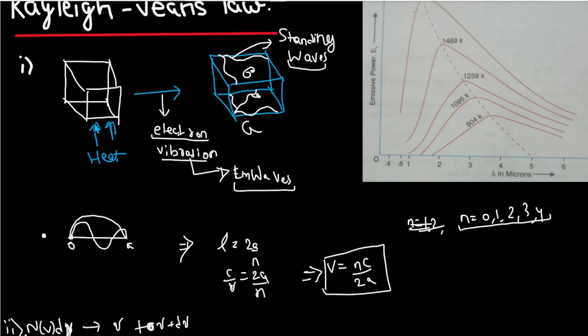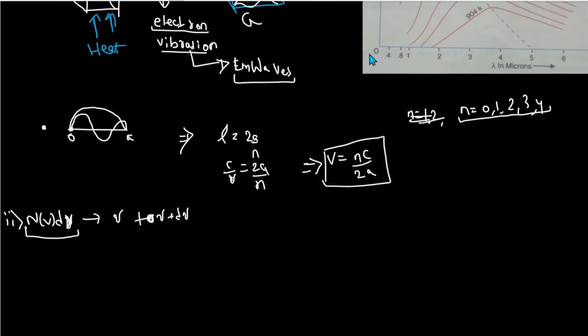You can write this in terms of lambda, but generally we write it in terms of volume, which is the energy density. There are two alternative forms of the Rayleigh-Jeans law, one in terms of lambda and one in terms of frequency. So we have to find the number of standing waves in the frequency range mu to mu plus d mu. How can we find it?